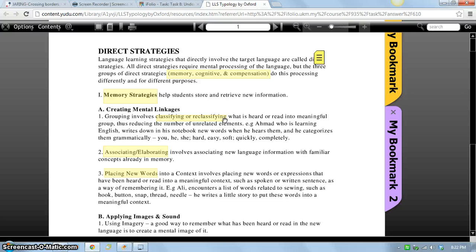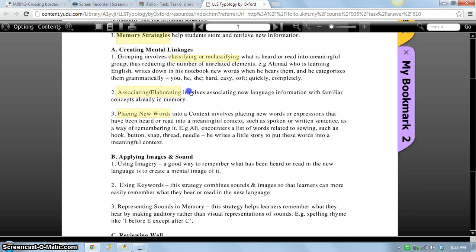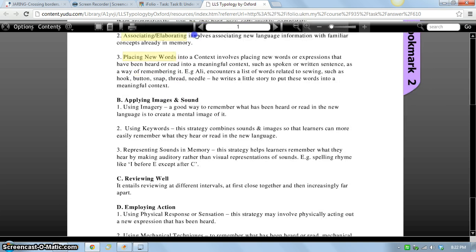For example, for creating mental linkages, I have highlighted the first one, classifying or reclassifying, the second, associating and elaborating, the third one, placing new words, and the same goes for the next.